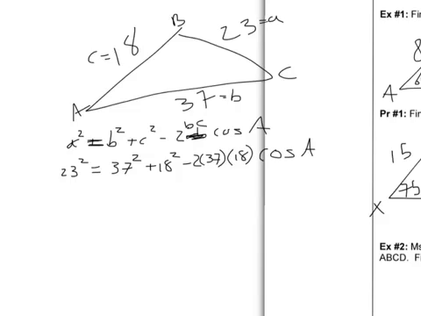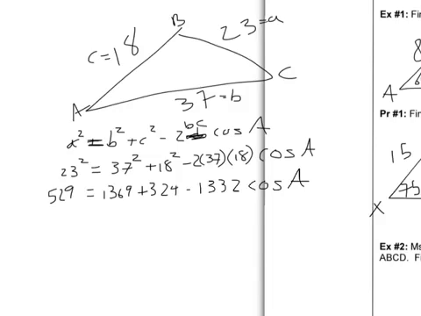Work all this out. You get that 23 squared is 529, 37 squared is 1369, 18 squared is 324, and 2 times 37 times 18 is 1332. And cosine A, again, is the thing that we're trying to solve for.